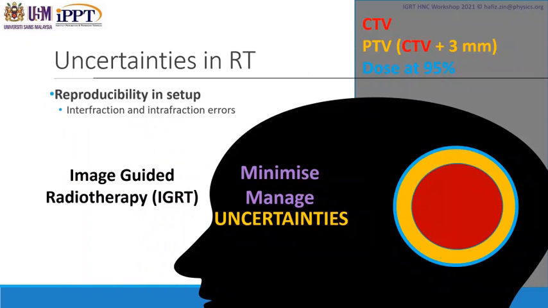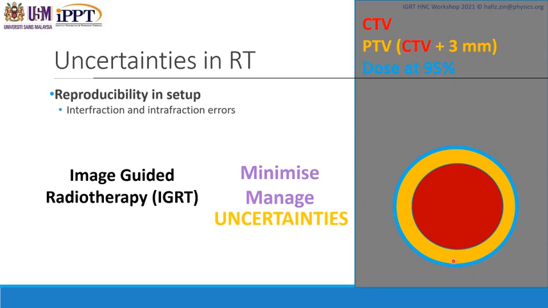With image-guided radiation therapy, we are able to estimate the interfraction and intrafraction errors, and then we can minimize and manage them. And these uncertainties that were measured from the patients can be included as one of the uncertainties in the PTV estimation.